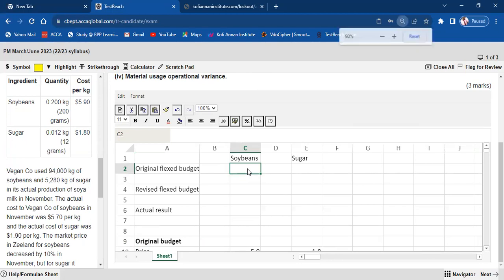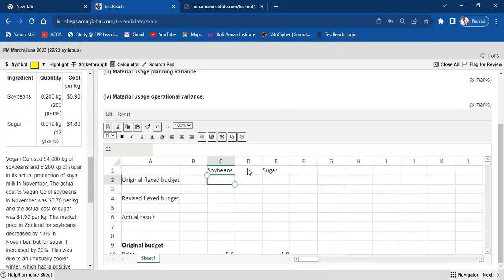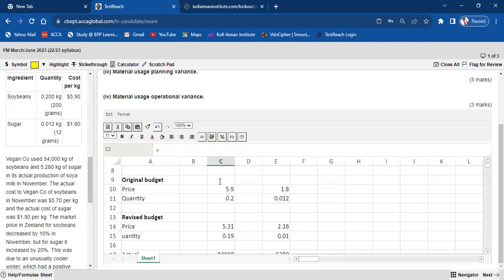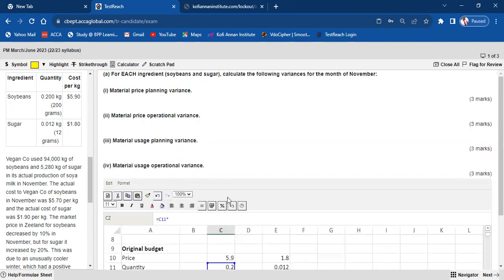Soybeans. Original budget equals, we will use 0.2 kilograms at a price of 5.9 to produce each one of the 480,000 units of soy milk.